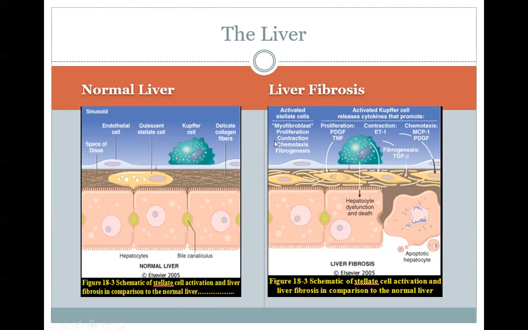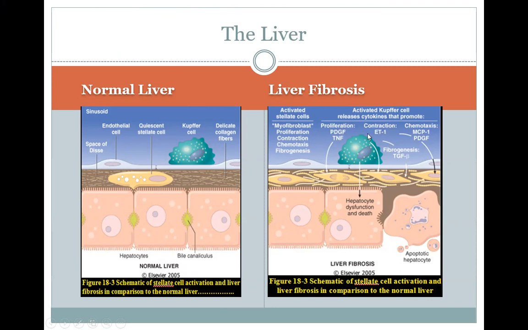It will also produce something known as ET-1, or endothelin-1, that is going to actually incite those cells to contract. So it will work on the myofibroblastic ability of these Ito cells.